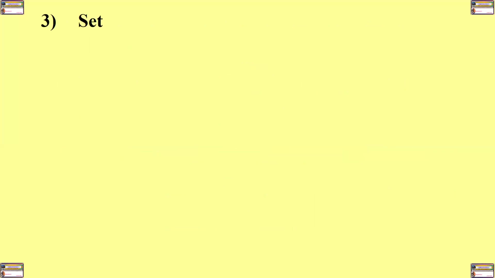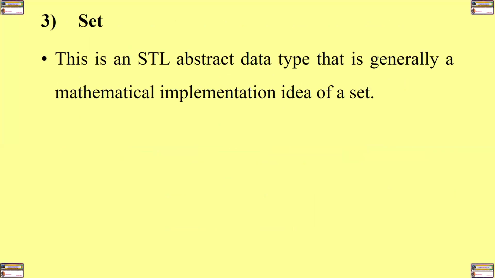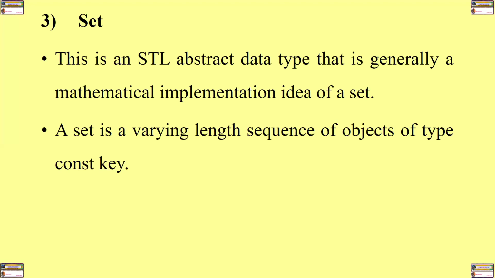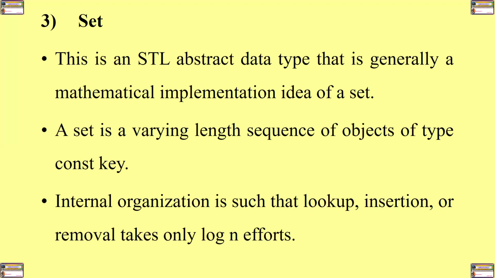Let's now look at what we call set. This is an STL abstract data type that is generally a mathematical implementation of the idea of a set. A set is a varying length sequence of objects of type const key. Internal organization is such that lookup, insertion, or removal takes only log n effort.